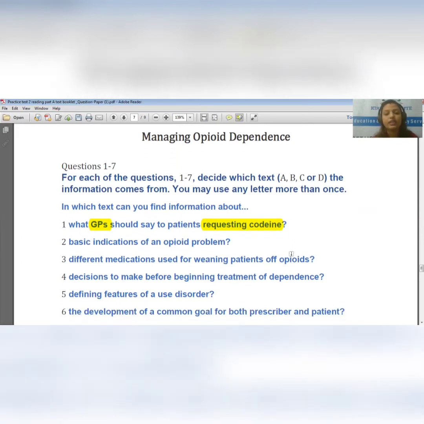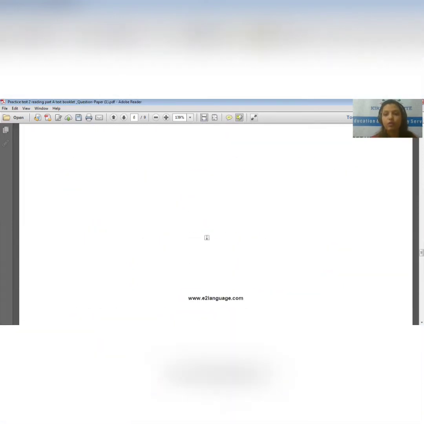Now let's see basic indications of opioid problem. Here they are using synonymous language. You will not be literally able to find the text that is given in the question. You will have paraphrased information, synonymous words. Here they have written the basic indications of opioid problem. Opioid problem itself is opioid dependence, and basic indications we read in text A about the key features or criteria.